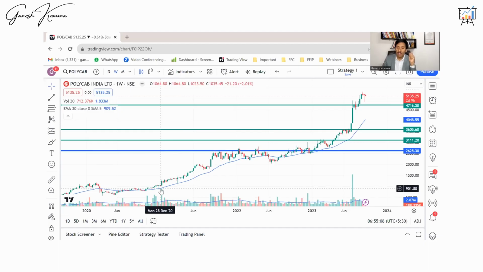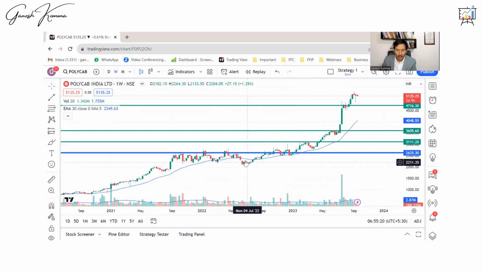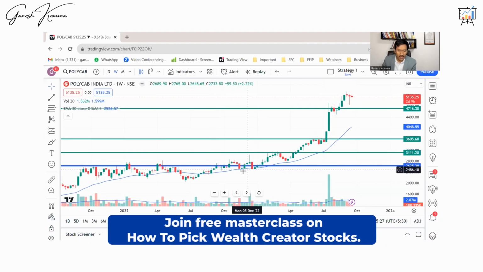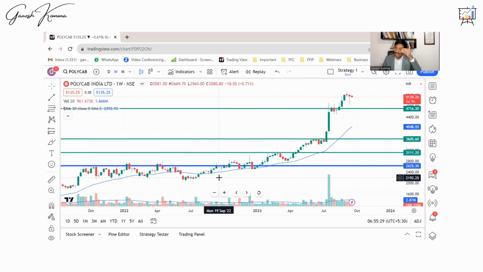So yes, even in 2021, even in 2022, it has always given you an opportunity to be in the stock. And every time you can add, except for a few weeks in June 2022. Apart from that, nowhere. It has just touched the EMA 30, but the candle did not come completely below.